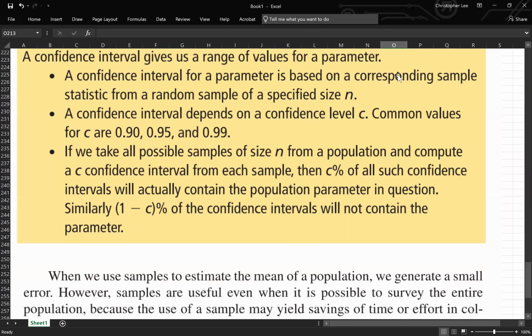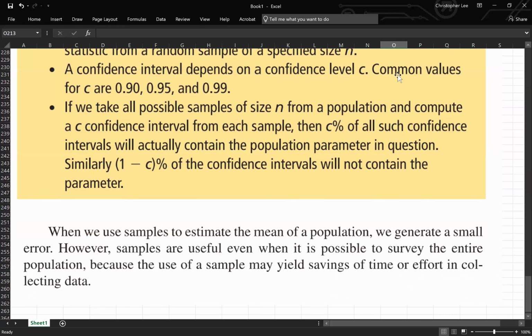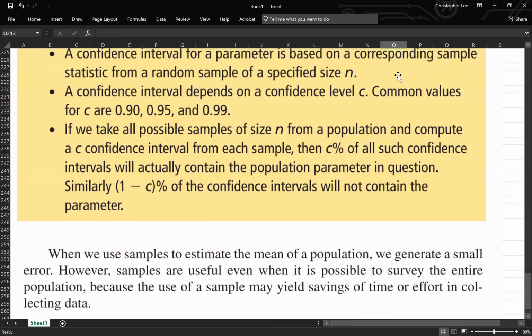So when it's greater than, you do one minus the probability from the table to get your answer. When it's less than, you just copy whatever's on the table. What do you mean by copy what's on the table?